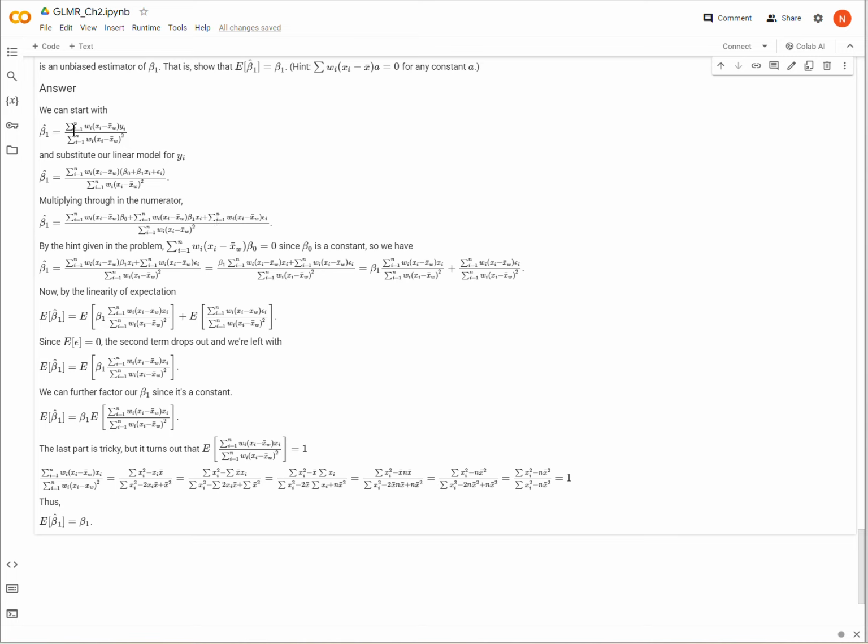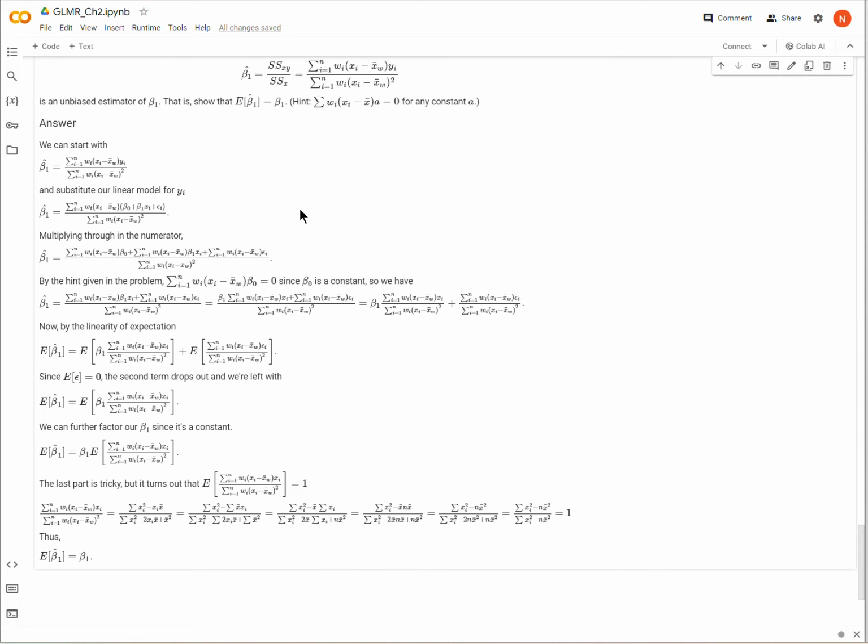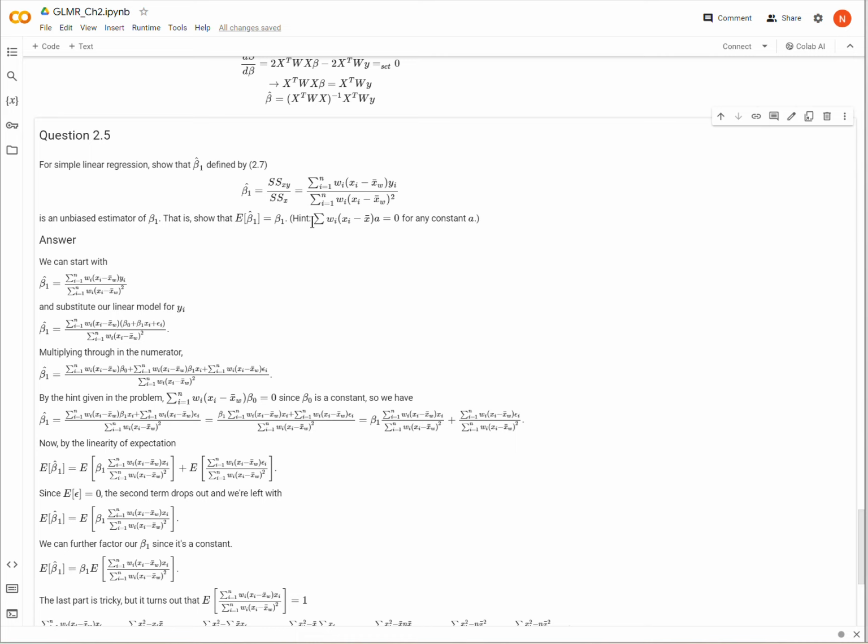All we've done is take our expression and substitute y. Now we have this big multiplication, so we multiply beta naught, beta 1 x, and epsilon through that term, and we get all of this.